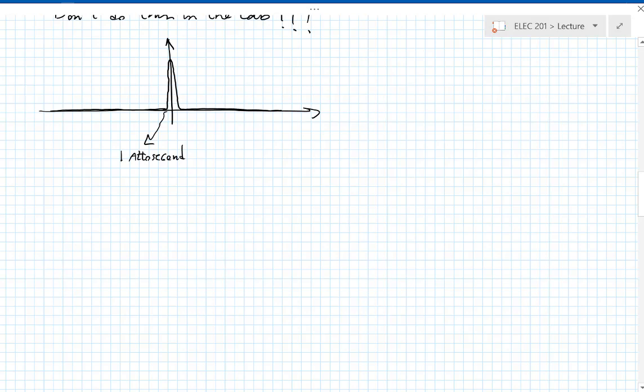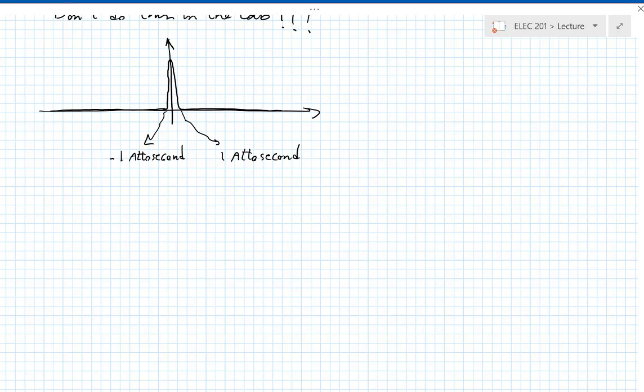Does anyone know how much an attosecond is? So there's minus 1 attosecond. How about femtosecond? Does anyone know? Picosecond? Nanosecond? OK, so what is atto then? Count back. 18, minus 18. OK, minus 18 seconds.